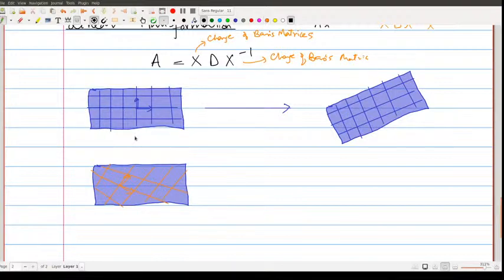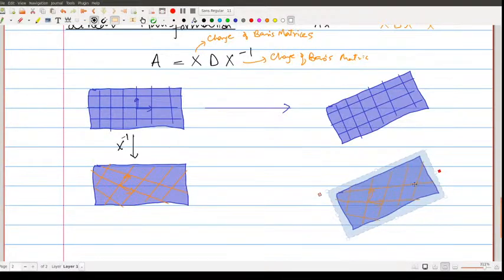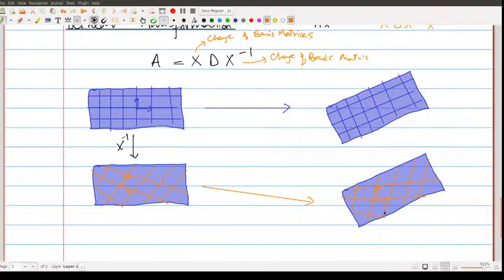So this is what x inverse will do. x inverse changes the basis into this, and then this D matrix does the similar transformation, but it now takes this new basis and turns it into the same shape that A turns this space into. The difference now is that this new space is also being spanned by the basis that x inverse transformed A into, right?